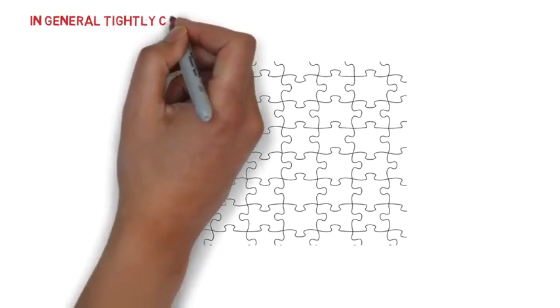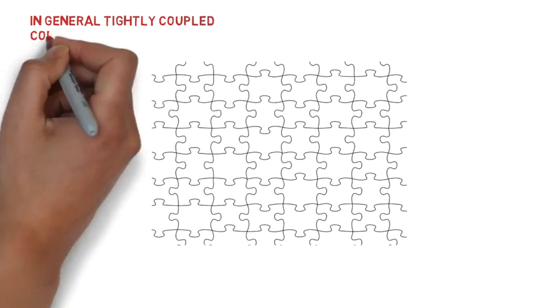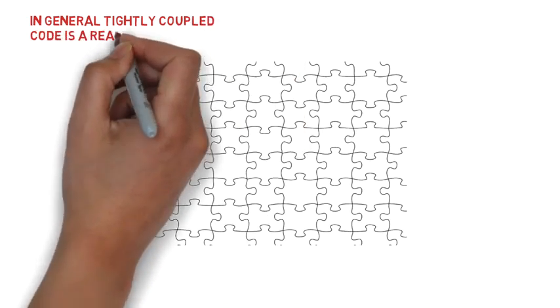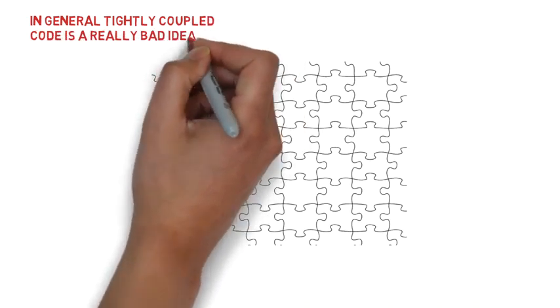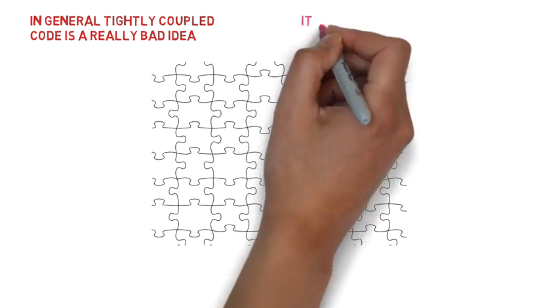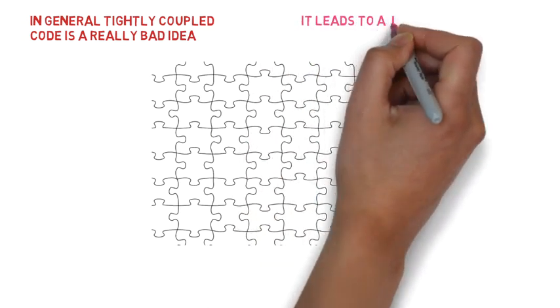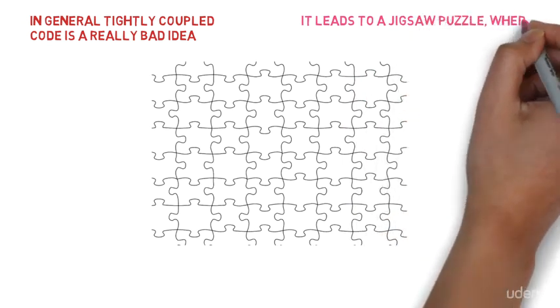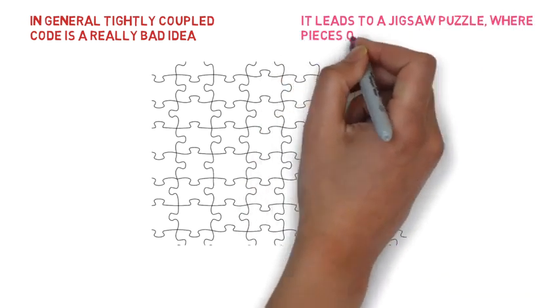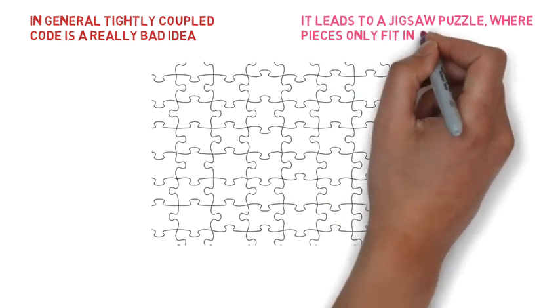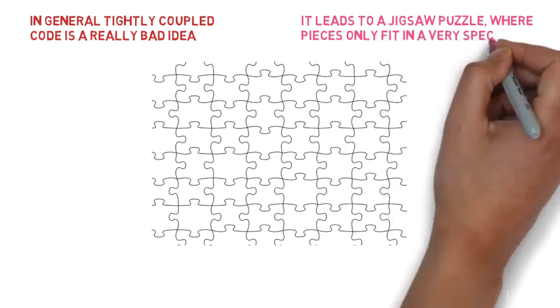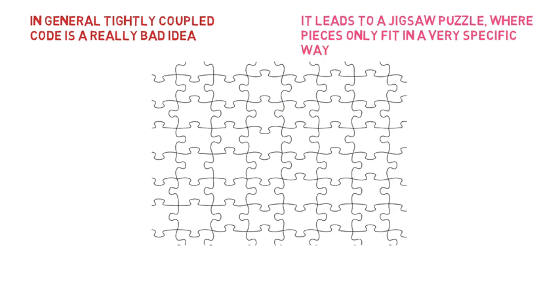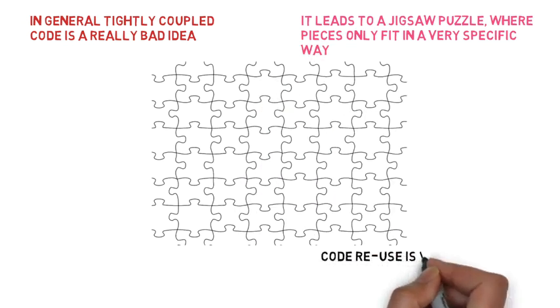In general, tightly coupled code is a very bad idea because it leads to this kind of architecture where all the pieces in our system fit together in exactly one way. And if anything moves a little bit, the whole system doesn't perform correctly. There'll be a mismatch. Jigsaw puzzles where pieces fit in only one specific way is a bad idea.